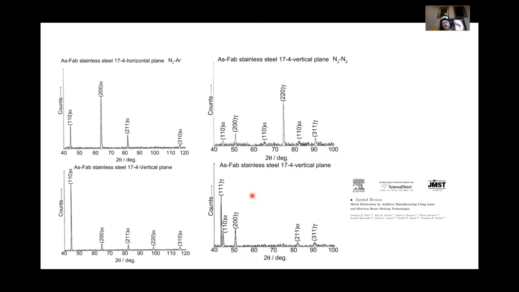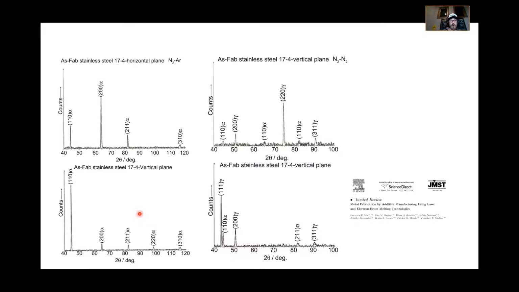If you look at this paper, and I posted this paper a long time ago, on metal fabrication by additive manufacturing using laser and electron beam melting technologies by Murr, you can see that they looked at a vertical plane and a horizontal plane. We've seen analogies to this talking about metallography, where you can make the metallography cube and see longitudinal, transverse, that kind of thing.